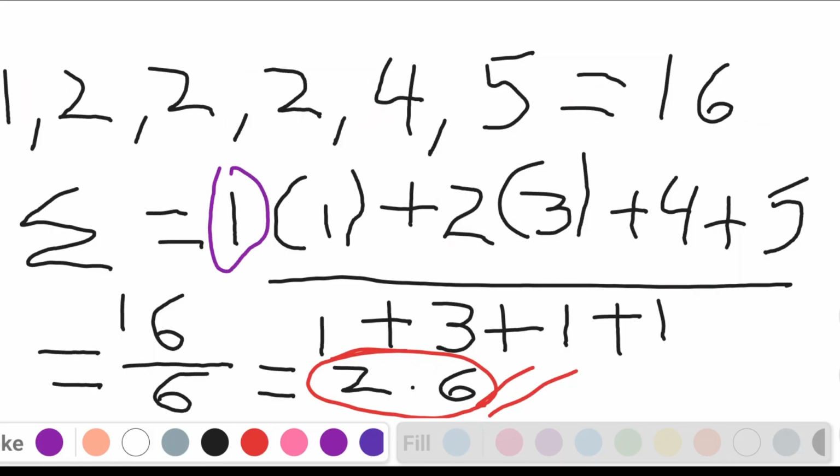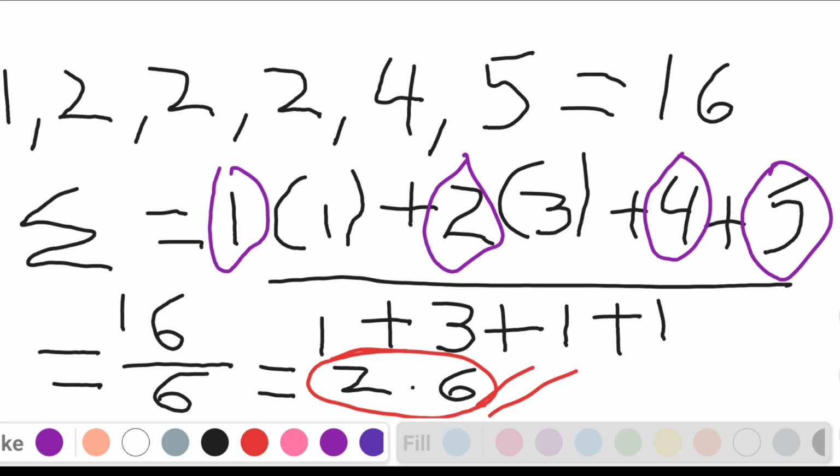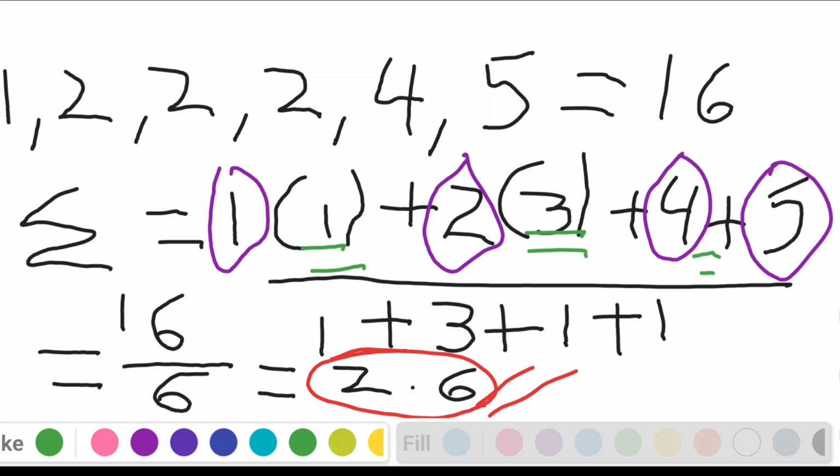Relating this to trading, we can say that these values over here, 1, 2, 4, and 5, are the price levels in trading on the right hand side. And the numbers 1, 3, 1, 1, these are the lots or contracts at that specific price.